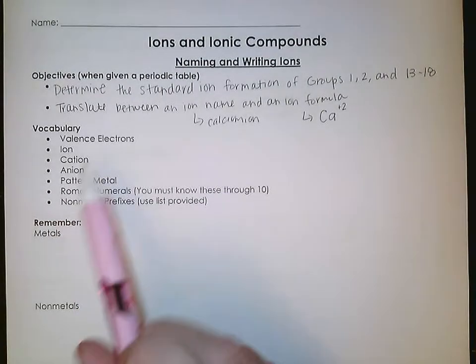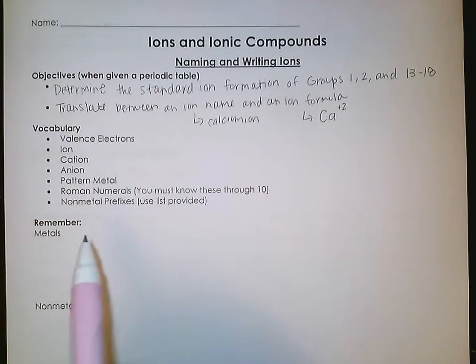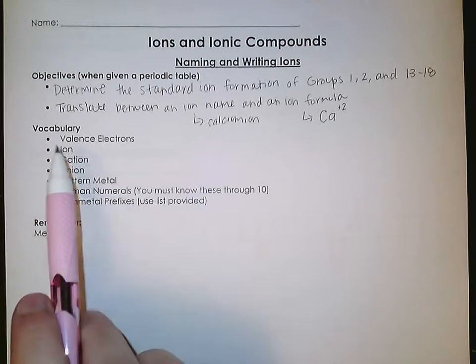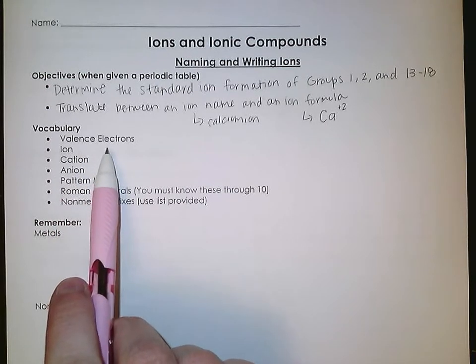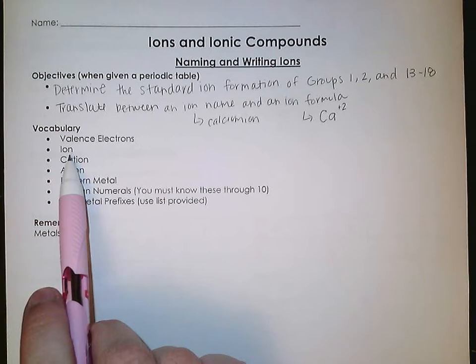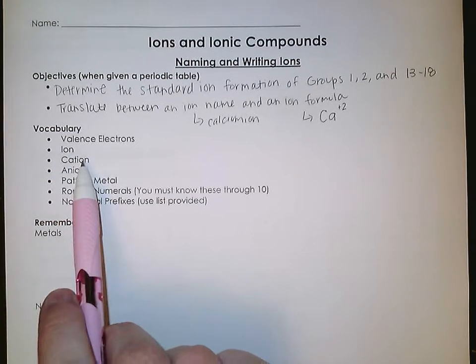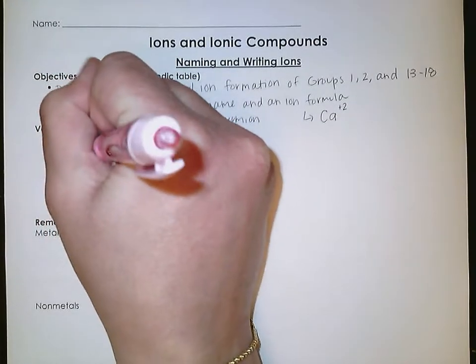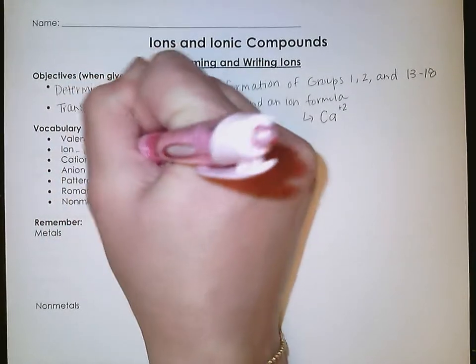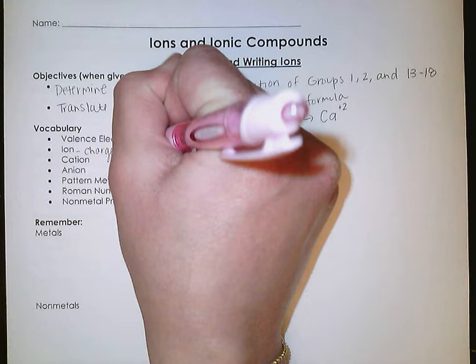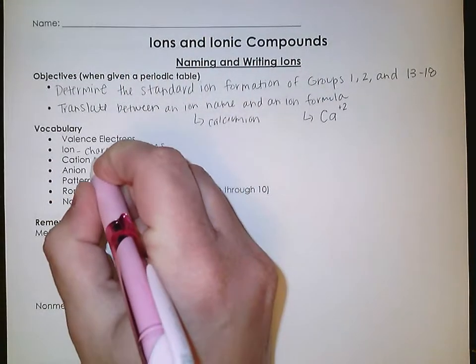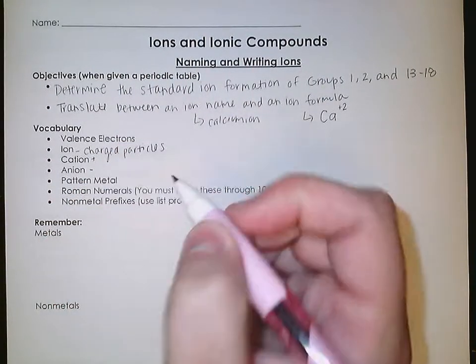Now I listed some of the vocab terms, some of which we know, some of which we're not familiar with yet. Valence electrons, we talked about those. Ions are charged particles here. Remember, cations are positive, anions are negative.